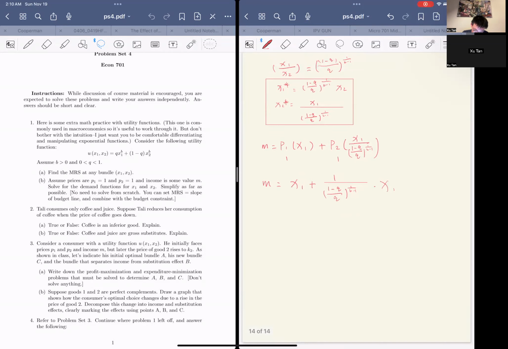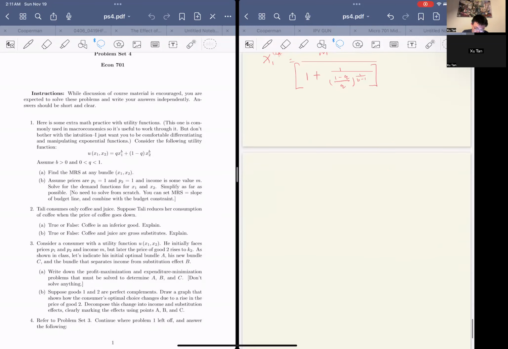We factor out x1 to get 1 plus the ratio term, so the demand for x1 equals m divided by the whole thing. That's the demand for x1.